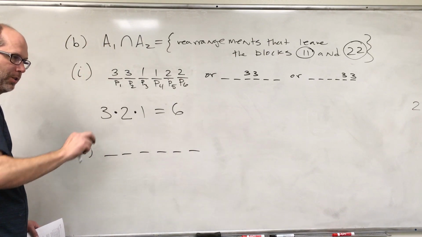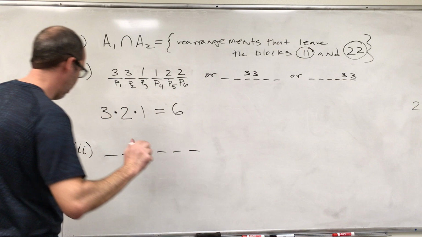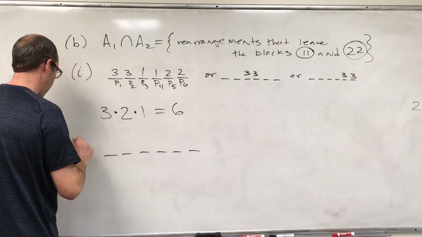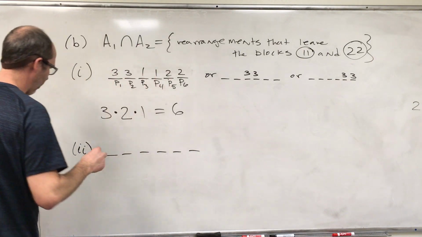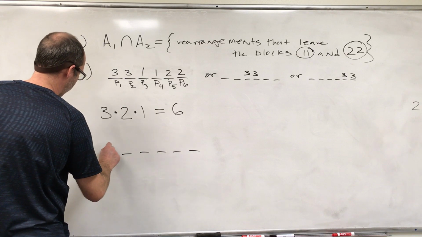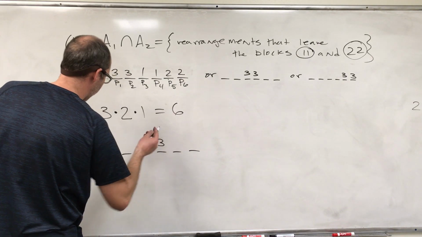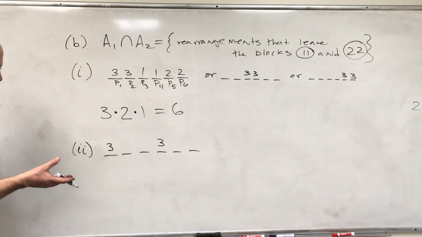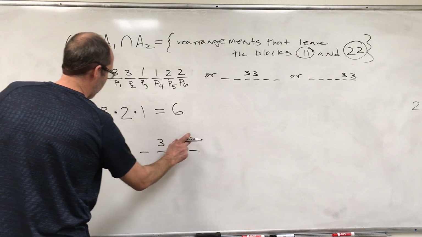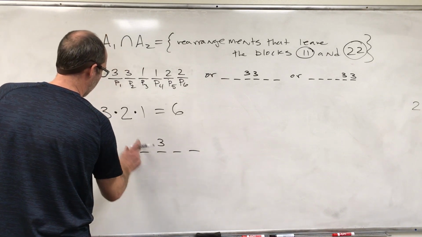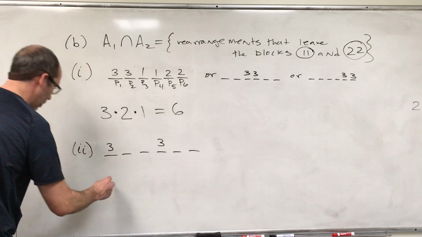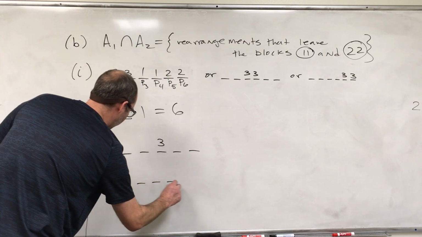And we're going to get blocks of 2 1's, blocks of 2 2's. Both of those, right? So if you could have a 3 here and a 3 here, that would be okay, because then you have the 2 2's and the 2 1's, or the 2 1's and the 2 2's. 1, 2, 3, 4, 5, 6.